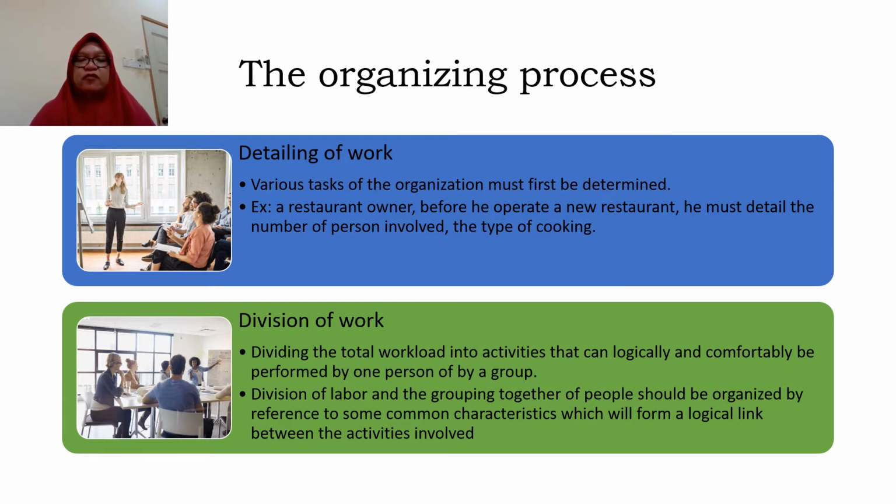After we have listed down all the activities inside the organization, now we have to group them. We divide all the tasks into activities so that we know who is going to do each one and how many employees are going to do it. We cannot burden one employee too much, or give a person only a few tasks, because that will cost the company. So we must balance the tasks or activities that the employee will be able to carry on.